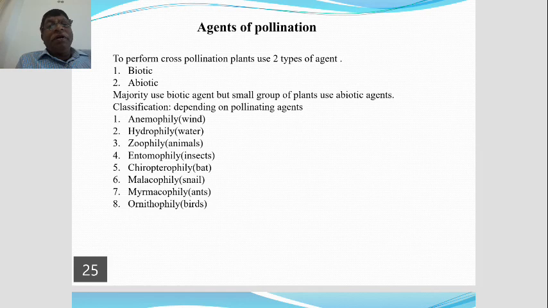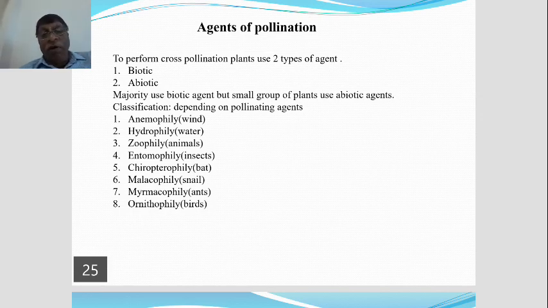Okay. Now, next. Zoophily. Zoo means animals. Pollination that takes place by animals is called zoophily. Animals means biotic agents.